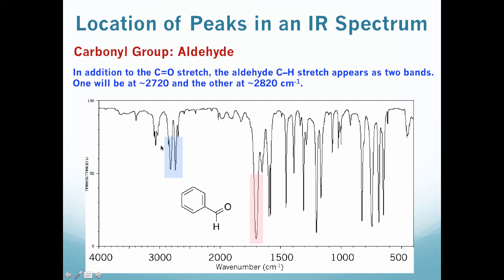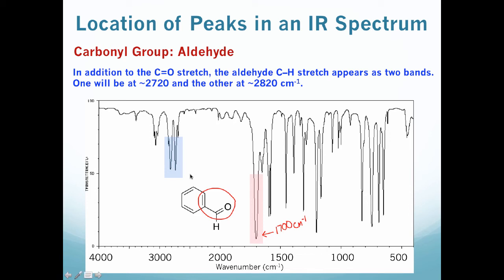Now in this case, this could be a little bit confusing because the aldehyde is in conjugation, so that causes the stretching frequency of the aldehyde to be lowered to right around 1700 wave numbers. So that could be an aldehyde in conjugation, or you might be tempted to think that it's just a ketone.